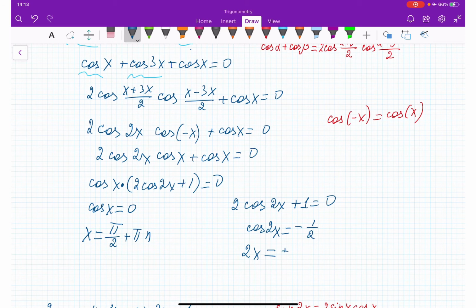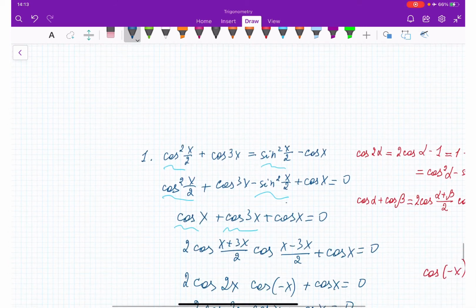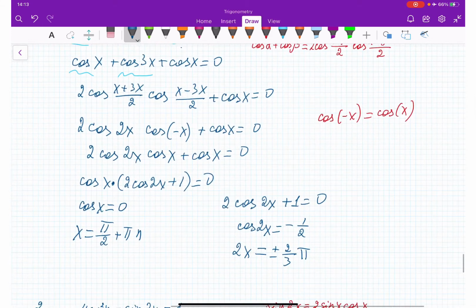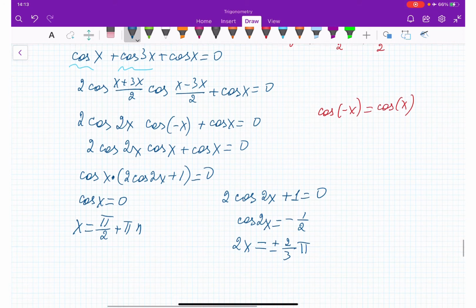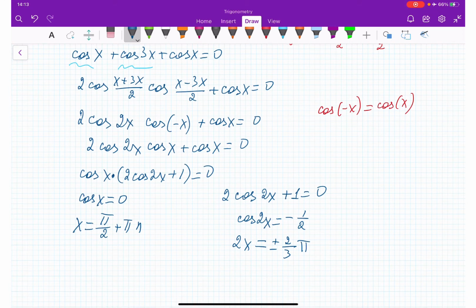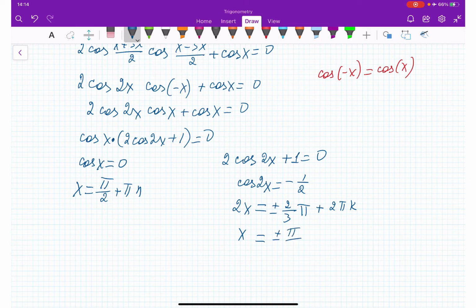And from here 2x is equal, if you look at the unit circle, negative 1/2 is plus and minus 2/3 of pi plus 2 pi k, and x from here is equal plus minus pi over 6 plus pi k.